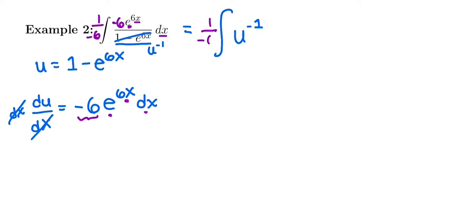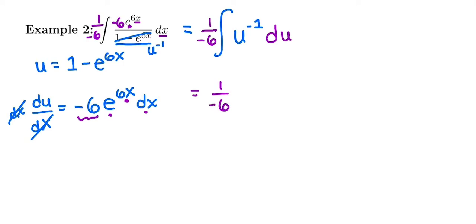As long as there's a 1 over -6 on the outside, then you know you have that -6 e to the 6x dx on the inside, or really just your du is what that would be subbed with. That's totally fine. The other way of saying it is that you're missing a negative, and it was 1/6 of what you needed to be on the inside. So it was 1/6 of your perfect du, so you have a -1/6 outside. Whichever way makes more sense to you, I'm going to say it both ways each time.